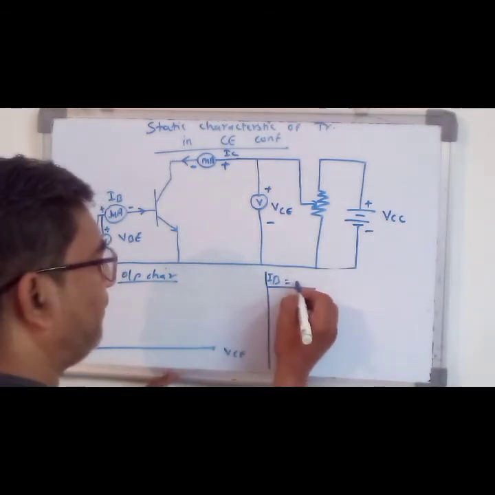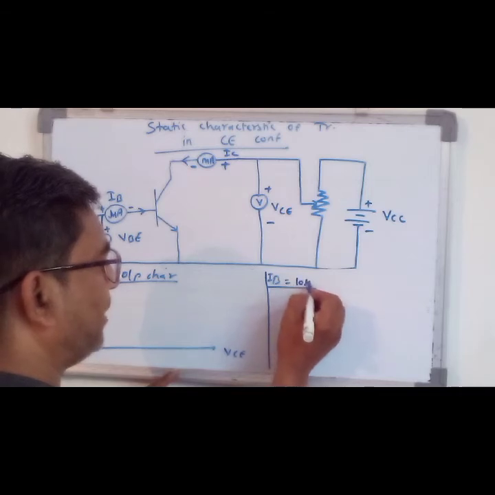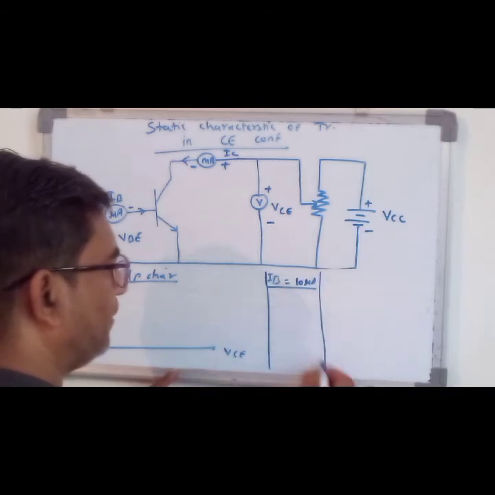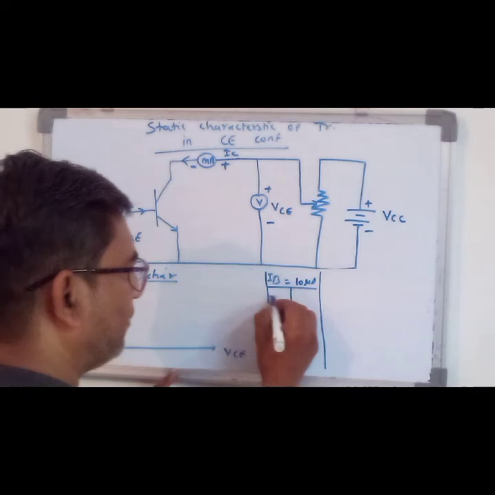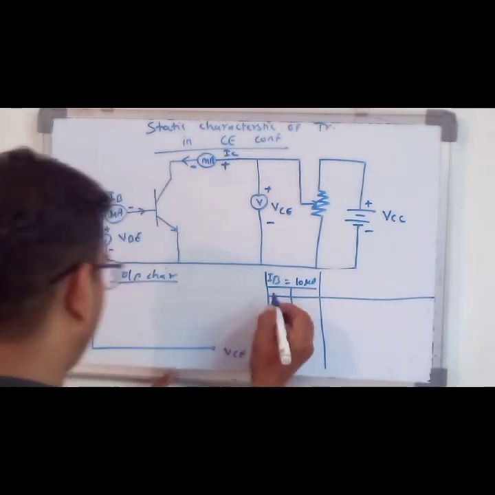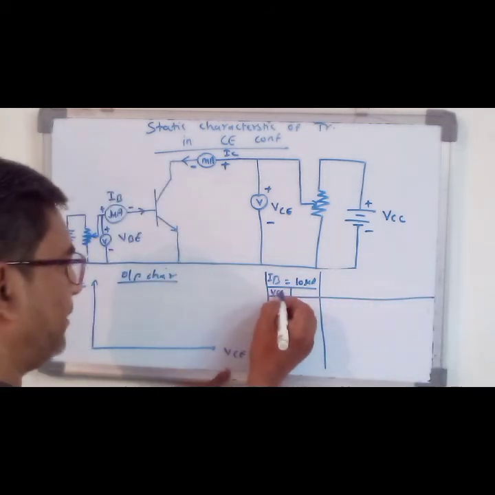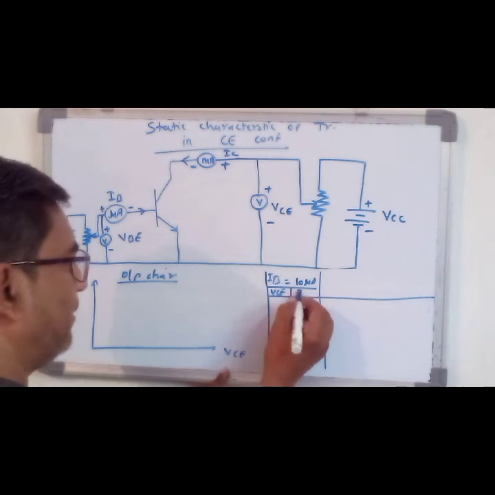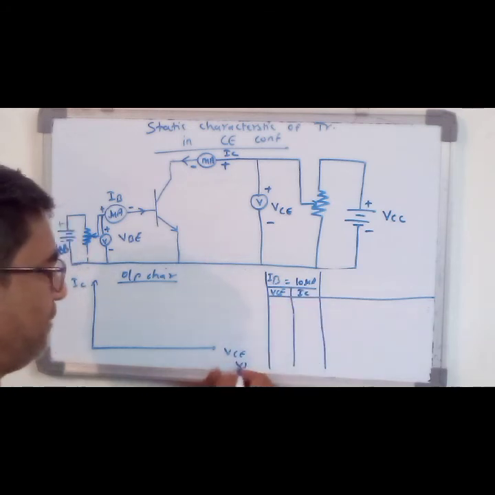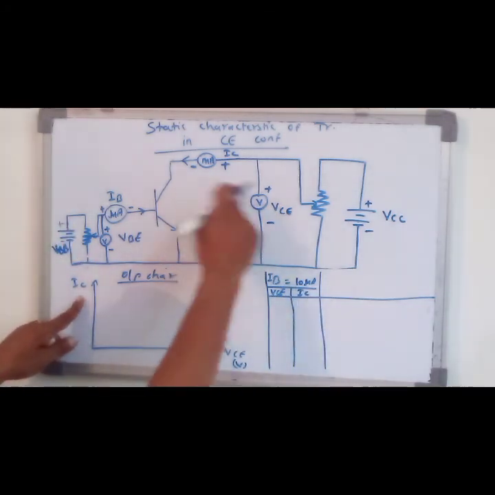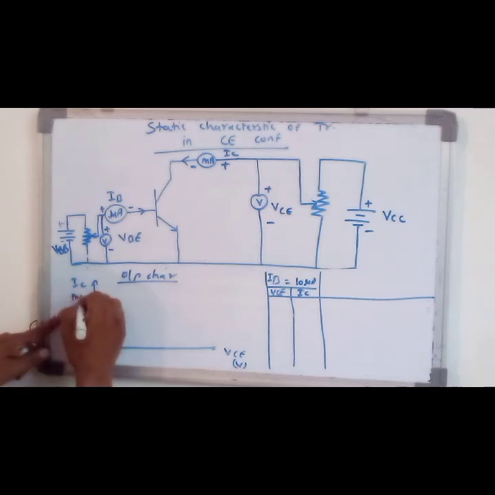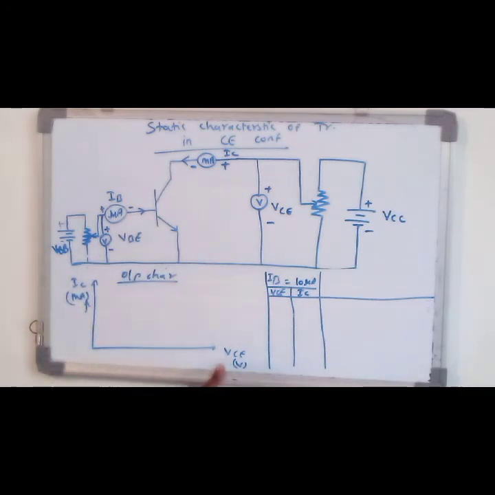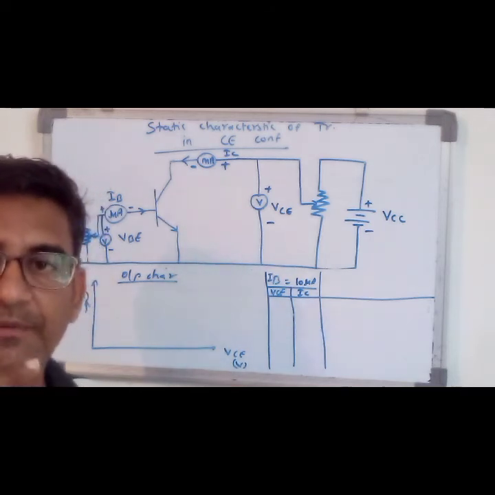So IB, first time we put as 10 microampere, and you mark out the readings. The readings will be across VCE and IC. VCE is in volts and IC is in milliampere.